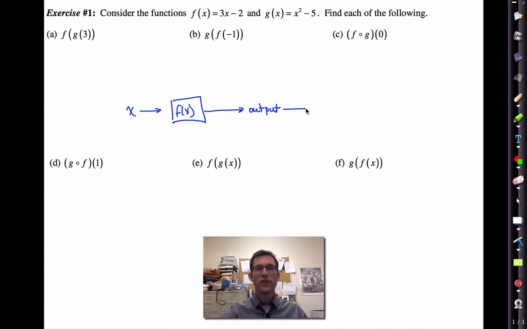But that output then can get shunted into another function, let's call it g of x, and then we get a final output. So the composition of two functions, or three functions, etc., really just gets to the idea that we can use the output of one function as the input to another function. That's basically it.